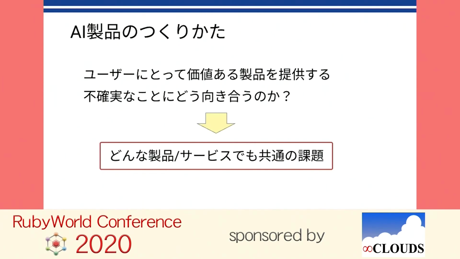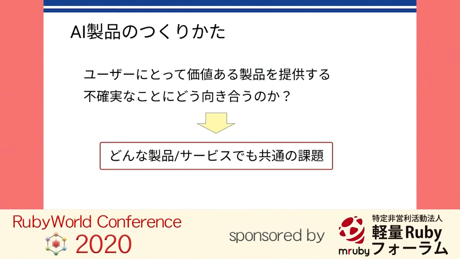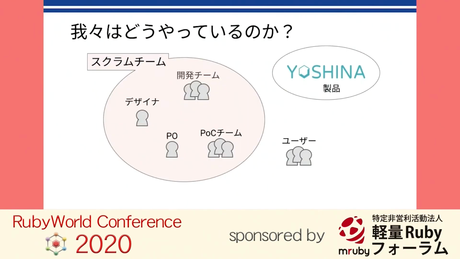But those challenges are not really limited to AI products. Perhaps they are common challenges for any type of product. But provision of true value to the user and dealing with uncertainty are particularly important for AI products. So I'd like to talk about these concepts a little bit more.